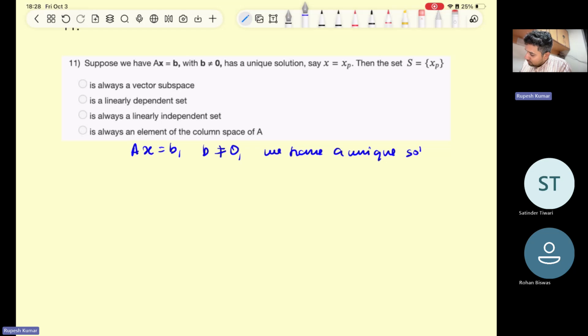Now my question is, when you say Ax equals to b and you have a unique solution, where A is a rectangular matrix, what does this mean?